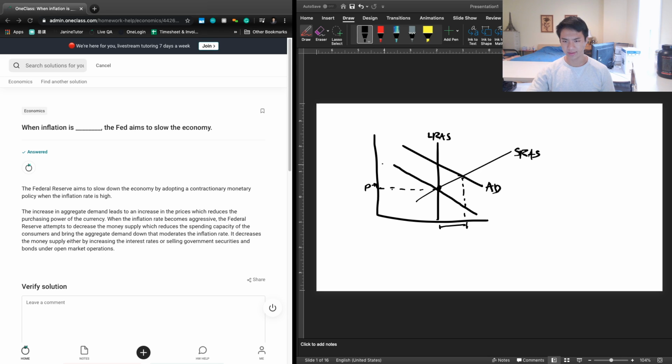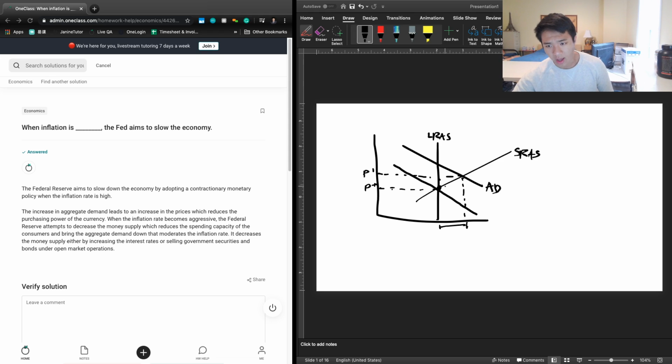However, with aggregate demand in the economy growing too fast, we are actually at P1. Let's try that one more time. P1 is where we are right now, and we can see that the price level is higher than it would be at long-run equilibrium, and that defines what inflation is, which is higher prices overall.